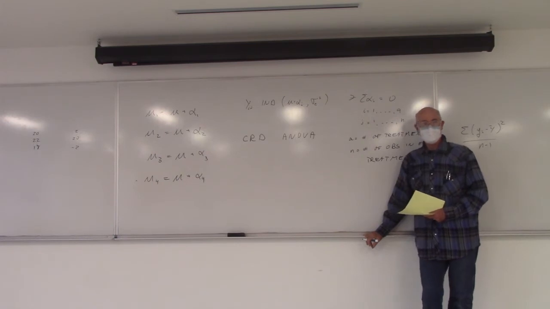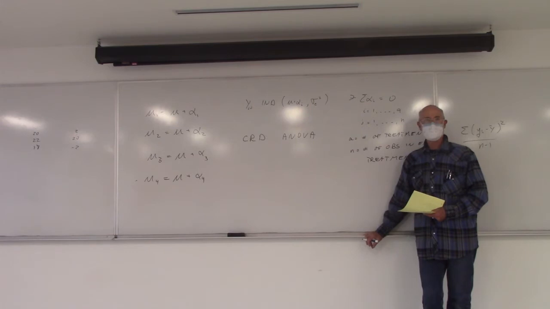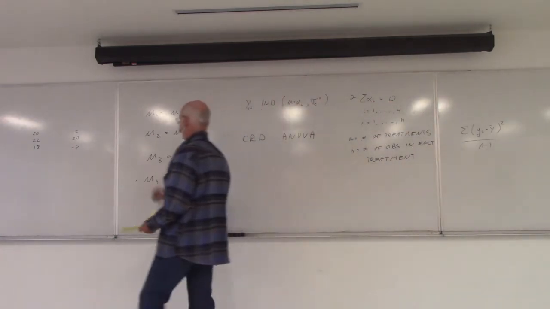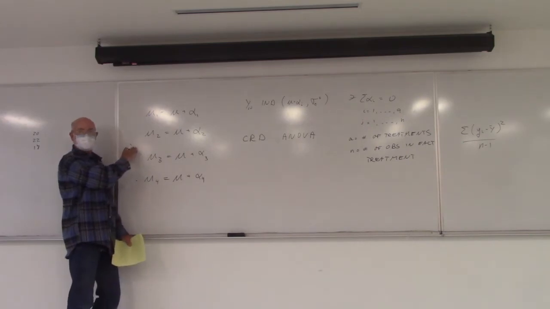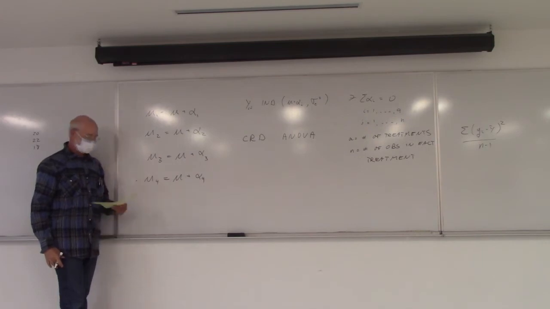And what I mean by a Model 1 ANOVA is that it has fixed effects. Okay? My treatments are fixed. It's either control, or nitrogen plus phosphate, or potassium plus nitrogen, or whatever. Okay? Those treatments are fixed.